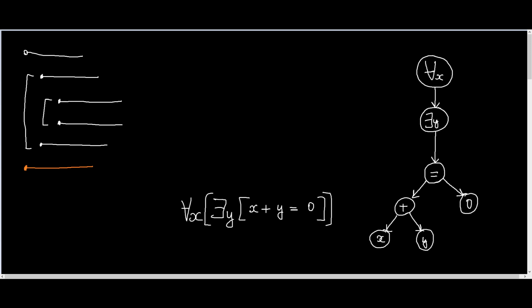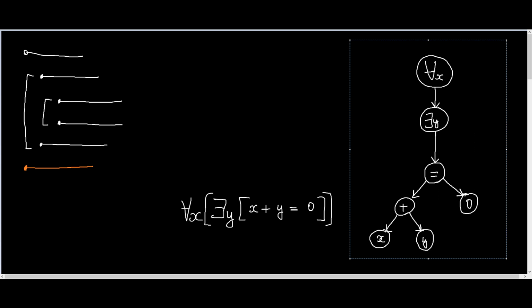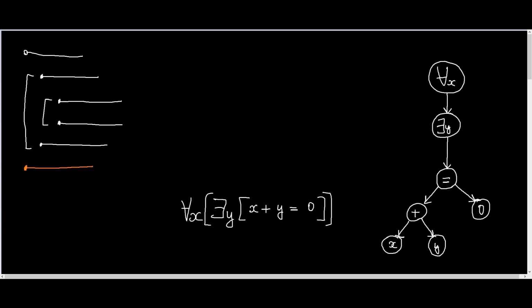Now it is important to note here that these nodes of this graph that we just constructed are of two different kinds. Some of these nodes are nodes that represent objects, and others are nodes that represent formulas. And remember, what's the difference between these?